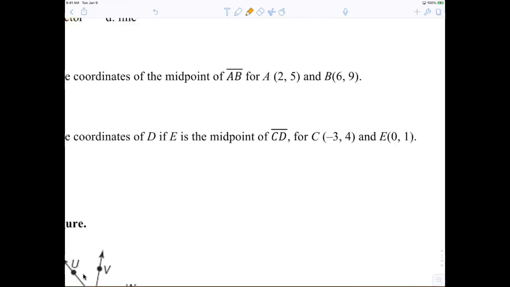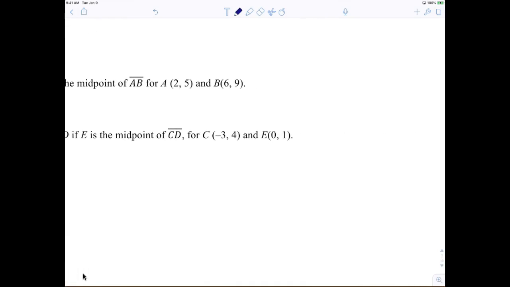So the formula for midpoint is, and this is super important, it's on all standardized tests: x1 plus x2 divided by 2, comma, y1 plus y2 divided by 2. That is the midpoint formula. Whenever you want to find where you are, if you're in the middle, you are the average.